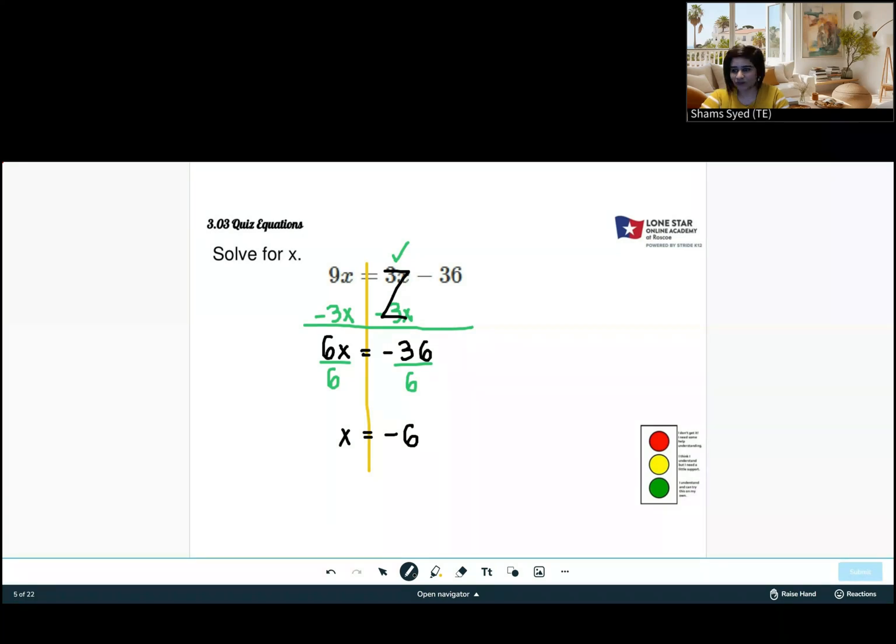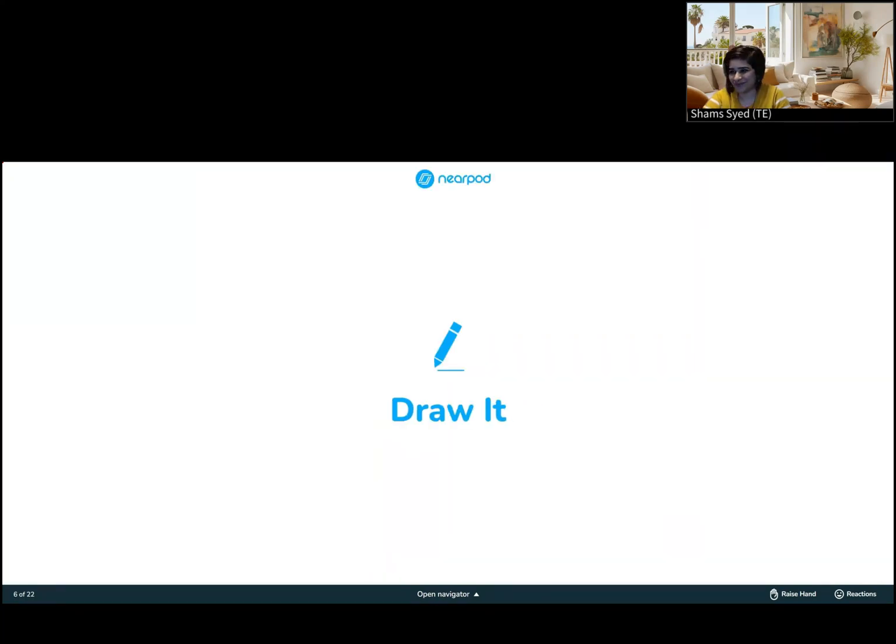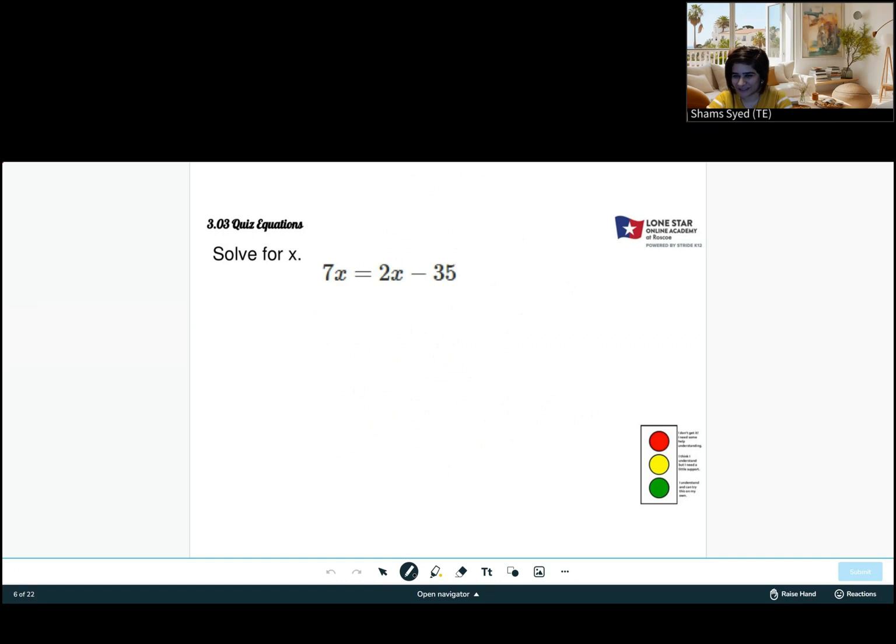Last variety of question 1. The third variety of question 1 looks like this. 7x equals 2x minus 35. You want to get variables on one side. I personally recommend you guys move the smaller one.